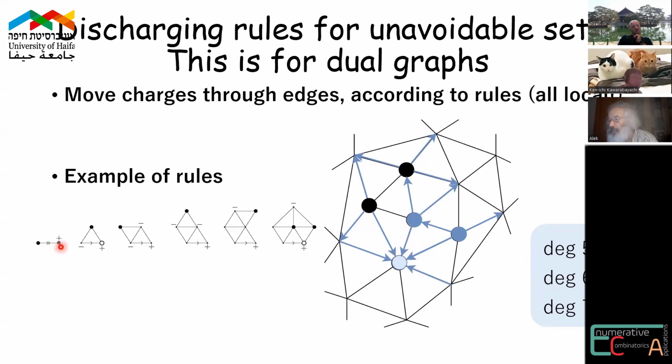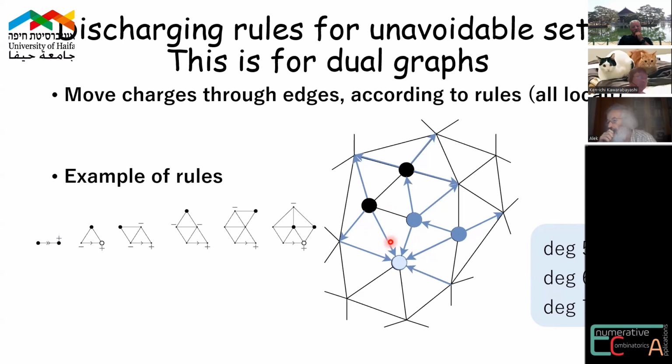For example, this rule exists, so this vertex sends some charge here, and this vertex sends some charge here. So for each of the edges you apply each of the rules. It may not apply anything, but you just apply the rule to move the charge if necessary.